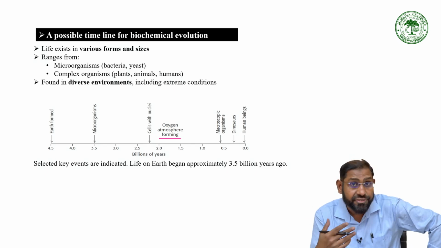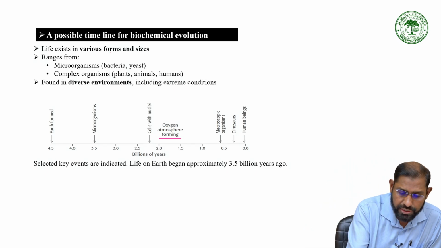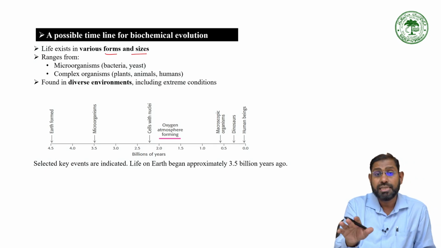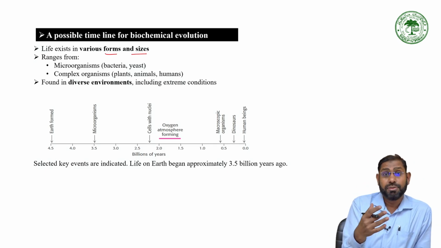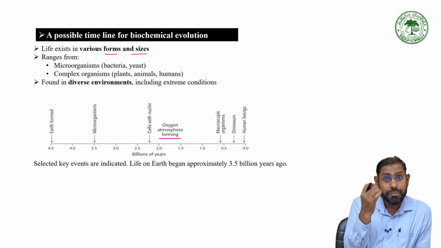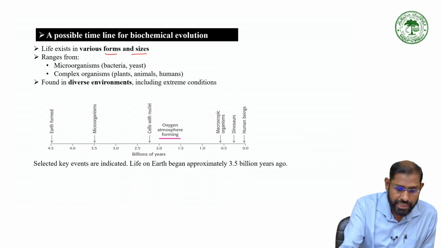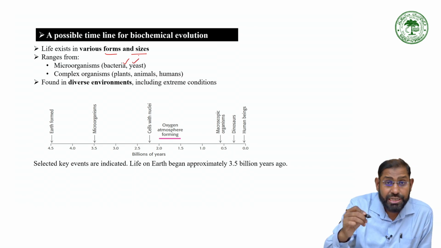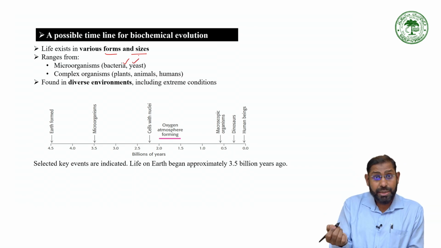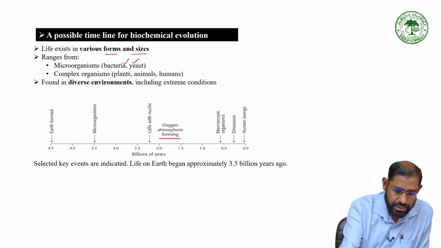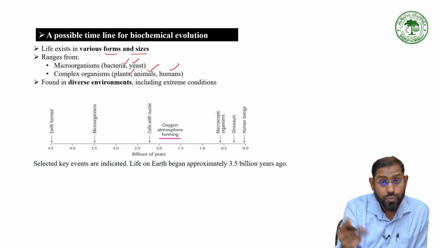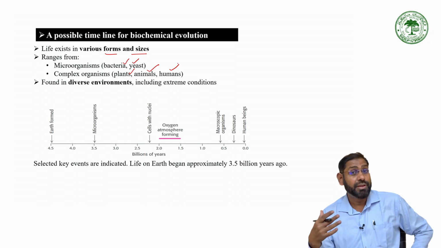Then we have life existing in various forms and sizes, like microorganisms. We cannot see most microorganisms with the naked eye; we need the help of a microscope. Microorganisms like bacteria and yeast we need to see under a microscope. And then we have complex organisms like plants, animals and humans, which we can see with the naked eye.